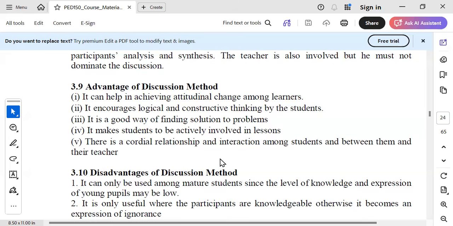Another student may say students may engage in fights and even injuries, because when you bully someone, the person eventually comes out of your trap of bullying, then there will be war. So that is what we mean by attitudinal change among learners.